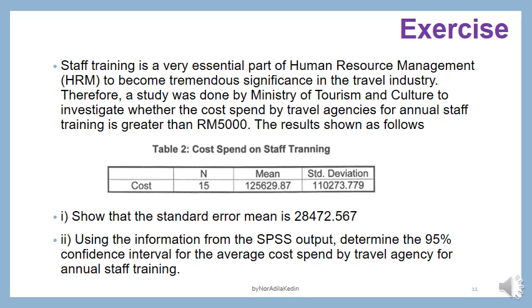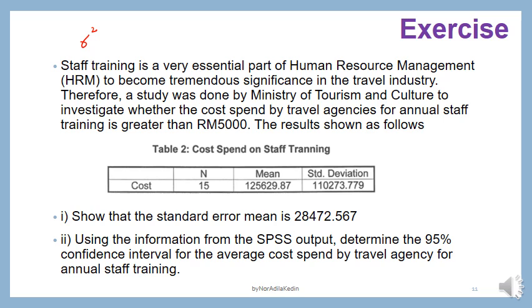So the result is shown as follows. It gives you the variable, the cost, with a sample of 15, mean and standard deviation. So here you have a single mean, and it asks you to find the standard error and 95% CI.